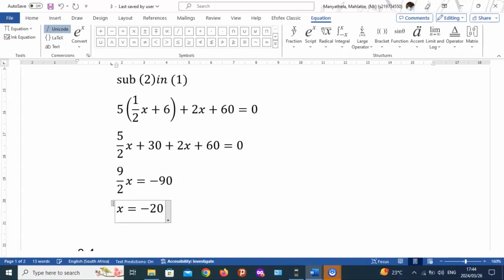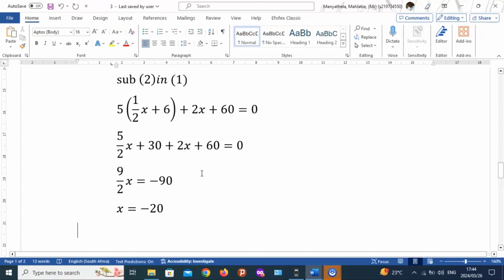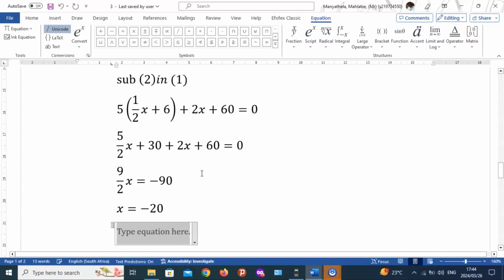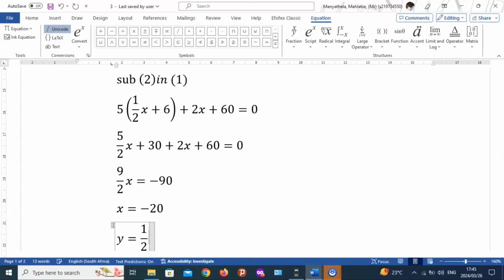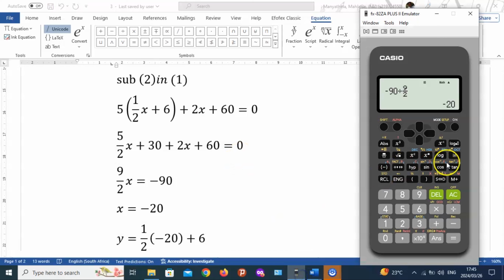So what is the value of y? y is equal to 1 over 2x plus 6. So let's do it on a calculator. It will be negative 10 plus 6. What is negative 10 plus 6?